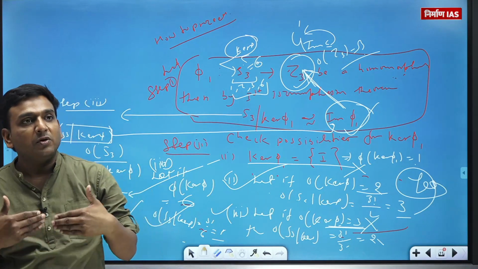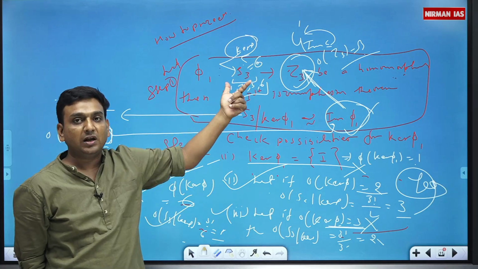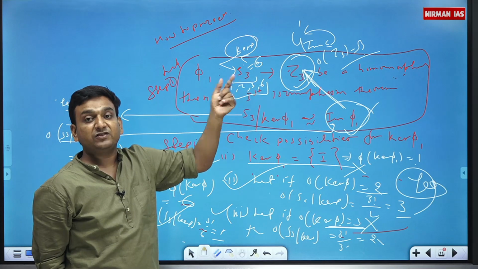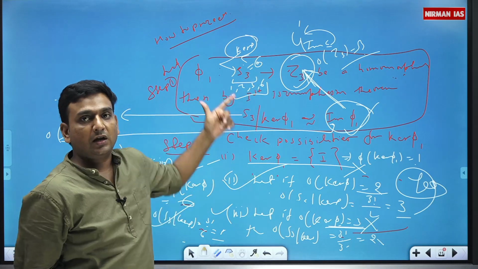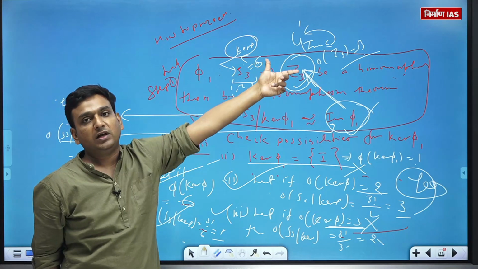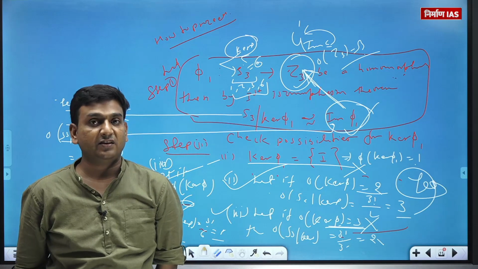And how to check the possibilities? Let's say you have taken here S4. So kernel phi is a subgroup of S4. Acha, this is also homework for you. Kernel phi is a subgroup of the domain group. Image phi is a subgroup of the codomain group. Okay, so that's an exercise for you.